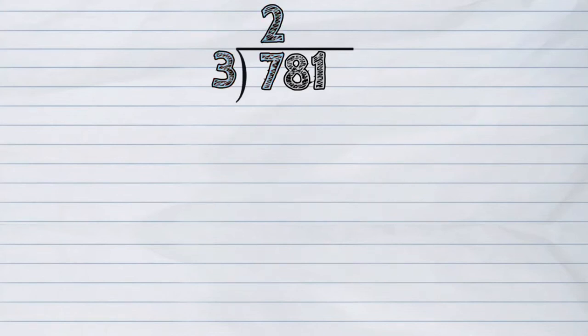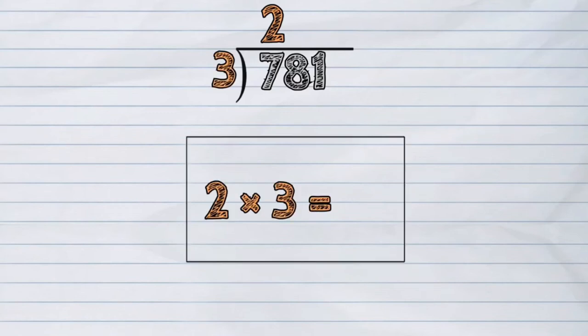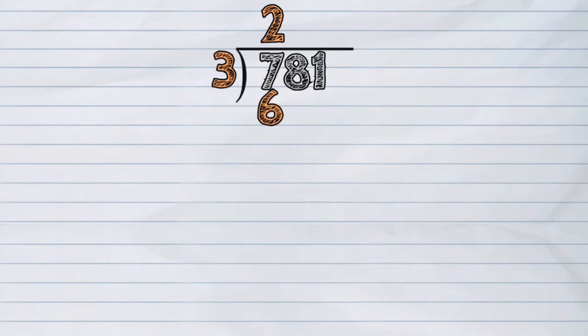The second step is to multiply. We will multiply our answer from step 1, which is 2, and our divisor, which is 3. 2 times 3, the answer is 6. We write 6 under digit 7. The next step is to subtract.